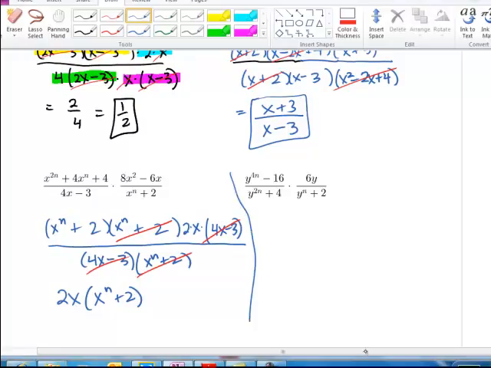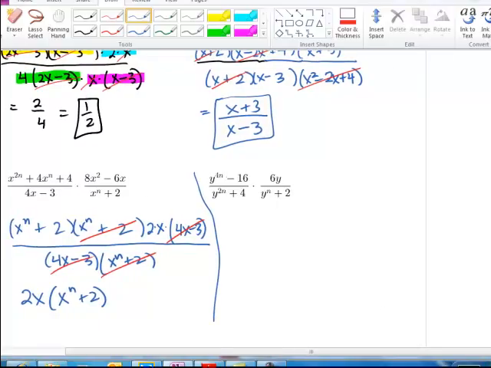All right, similar example here next with y's instead of x's, but same idea. This is a difference of squares. This would be a perfect square because the exponent is even. So if we factor that, we would have y to the 2n minus 4 and y to the 2n plus 4.